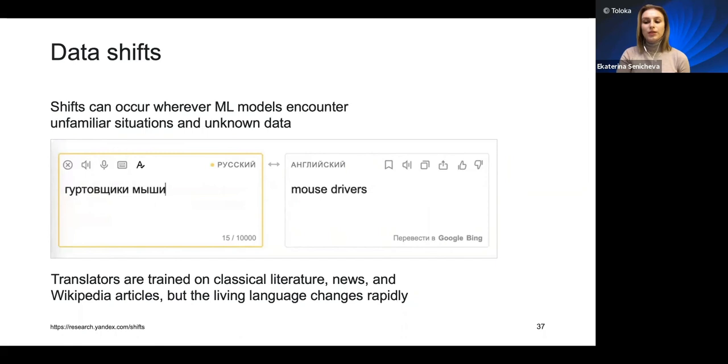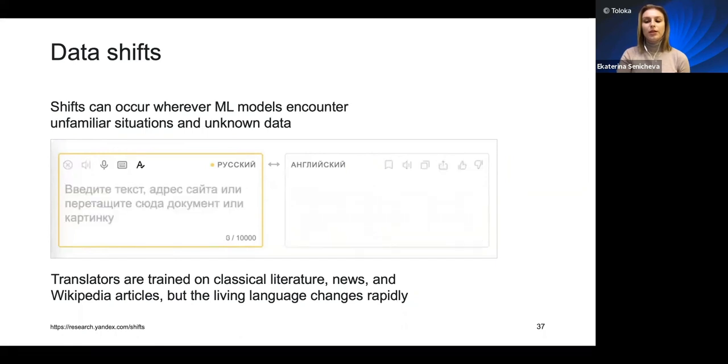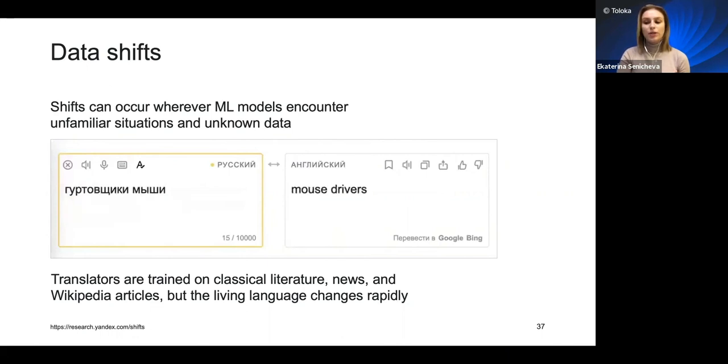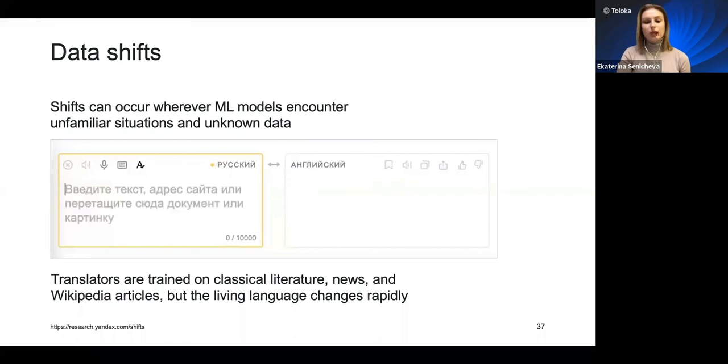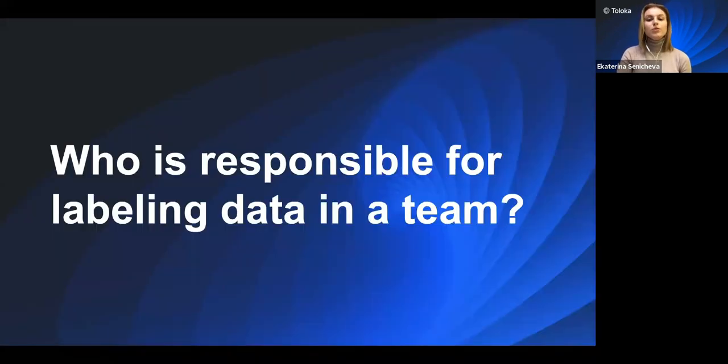So a translator frequently encounters unusual language usage, including slang, obscenities, and poor grammar. But for high quality machine translation, the model is required to be tolerant to mistakes and, against all odds, be able to provide a high quality translation, even if you need to translate a phrase from a recent meme.